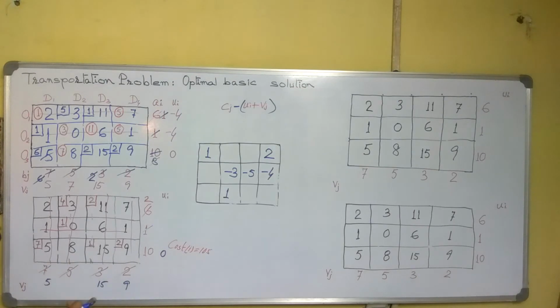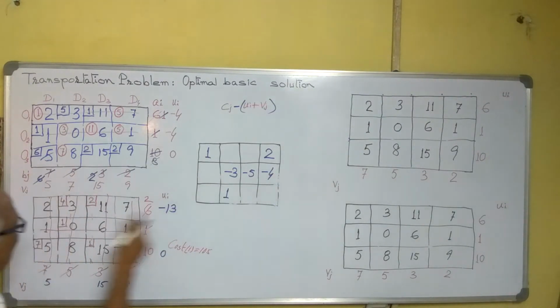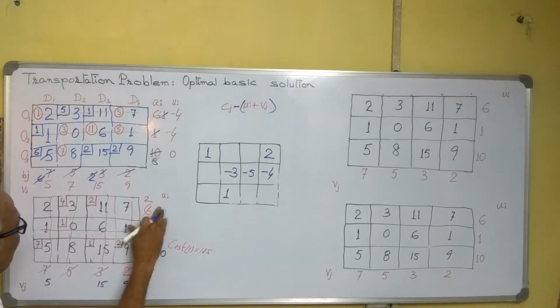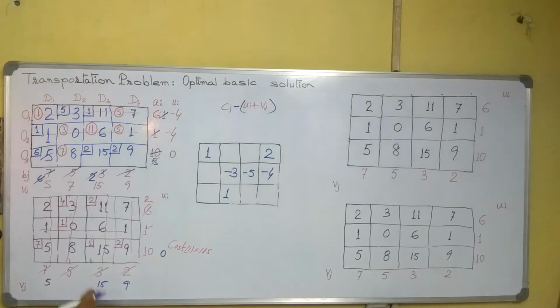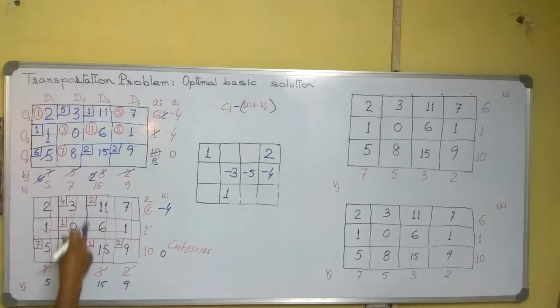Now we will check only the allotted cells. Here 15 is there and we have to make it 11. 15 minus 4 is 11.